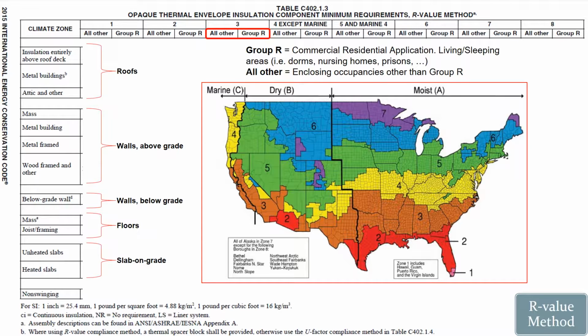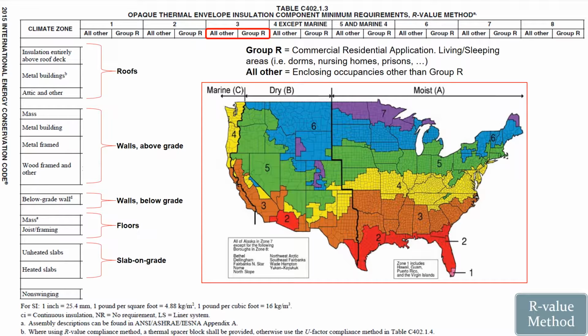More information about this table is broken down. Each climate zone is broken down into 2 individual columns. Group R is simply the occupancies outlined within the IBC, International Building Code, that's designated as Group R. So anything that is commercially related that would have living or sleeping areas such as dorms, nursing homes, or even prisons.